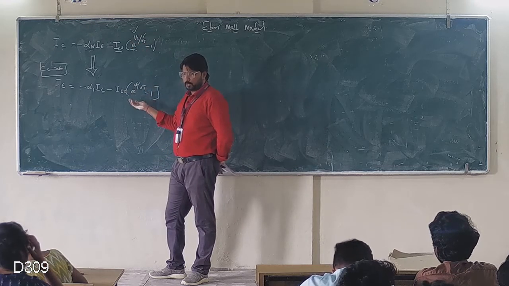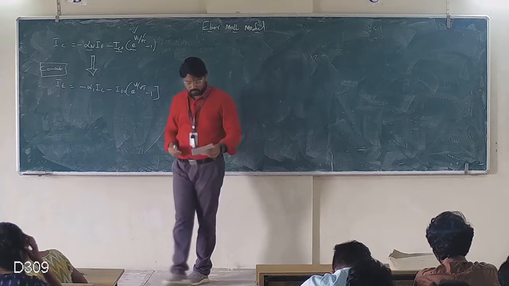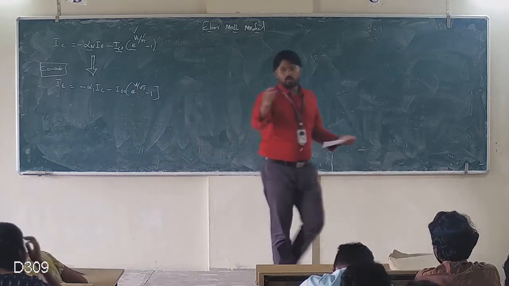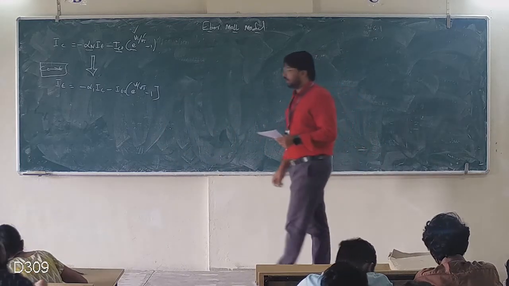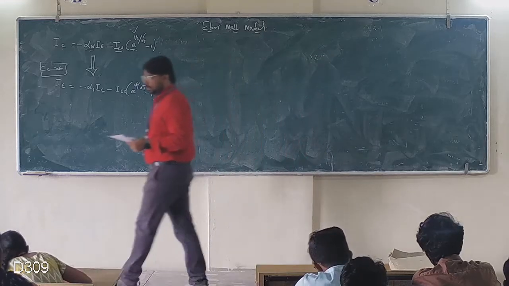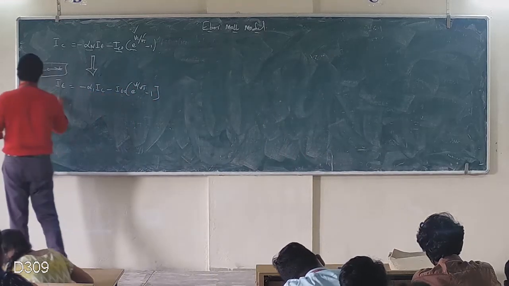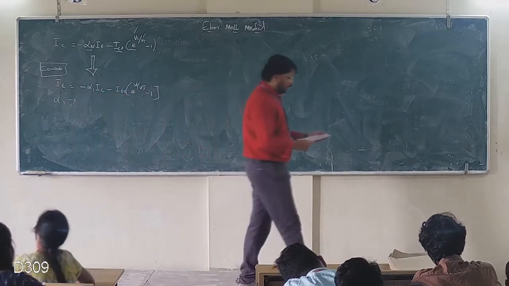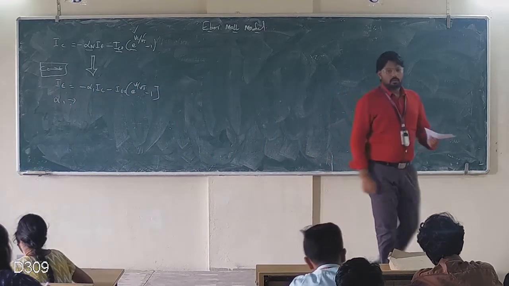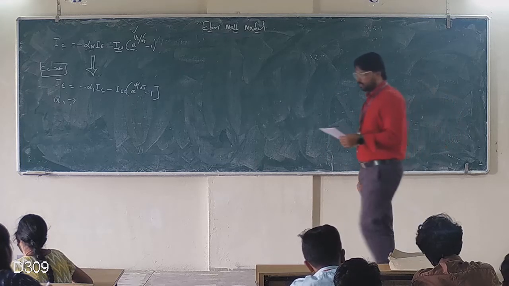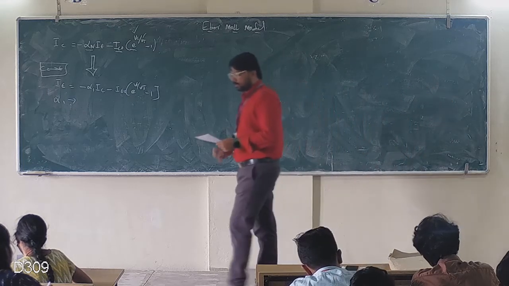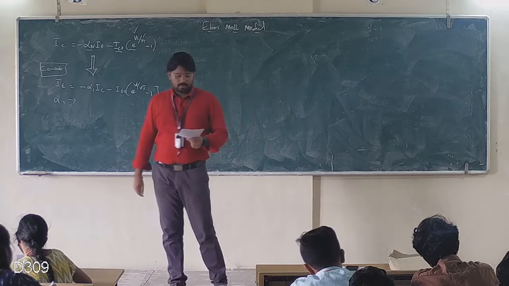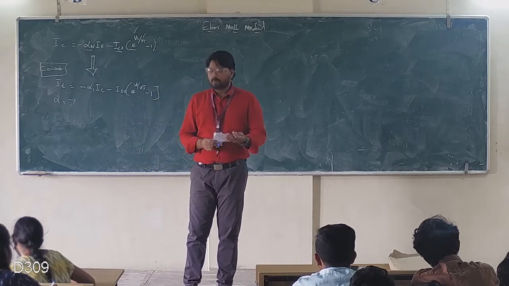Here IC is replaced by IE, alpha n by alpha I, IE by IC, and ICO by IEO. Where alpha I is the inverted common base current gain.